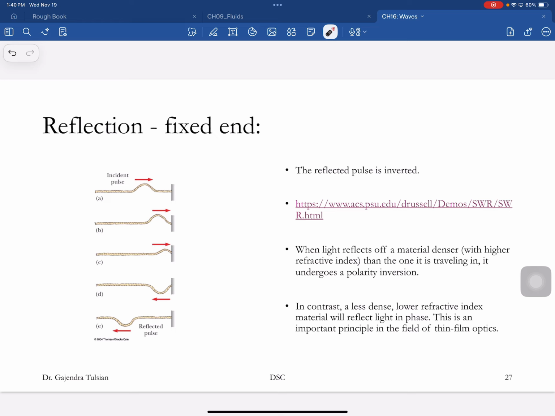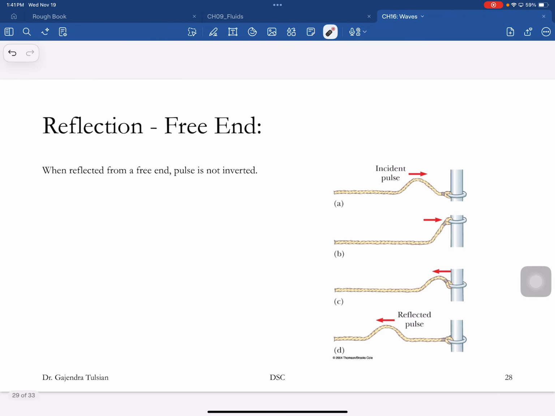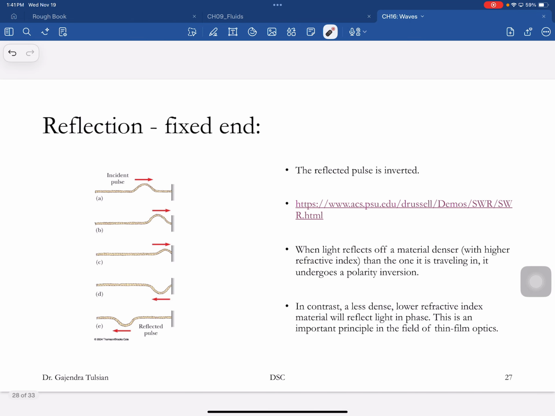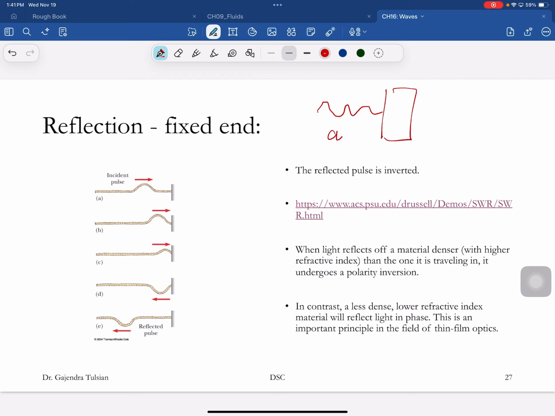If light hits a medium whose refractive index is higher, and it reflects, the amplitude changes sign. If the end is free, you see this pulse going there. When it gets reflected, it still remains a positive pulse. So this simulates light going from air to glass.